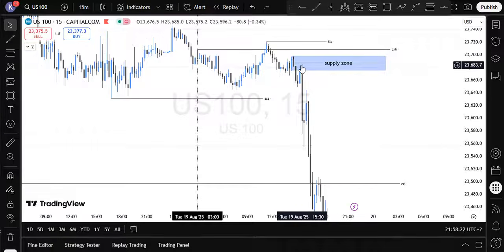So what do you wait for? You got a supply zone. For you to confirm that this supply zone is valid, you need a break of structure to the downside or a change of character. And here you got a break of structure to the downside. That gives you extra confirmation that your supply zone is valid.